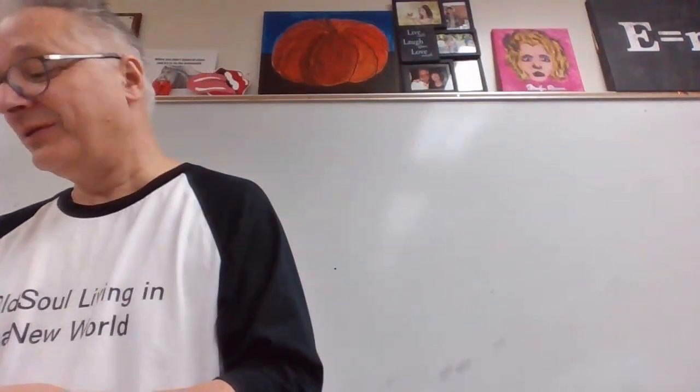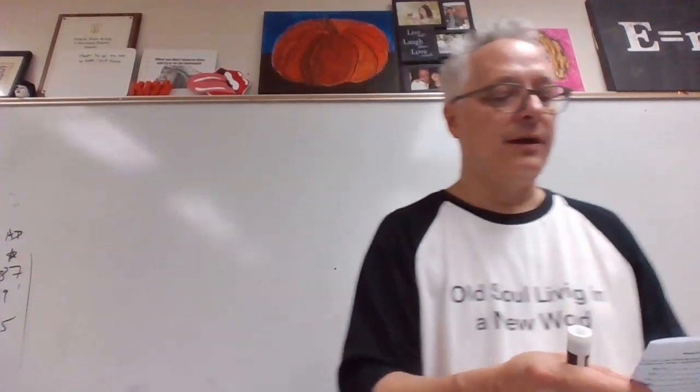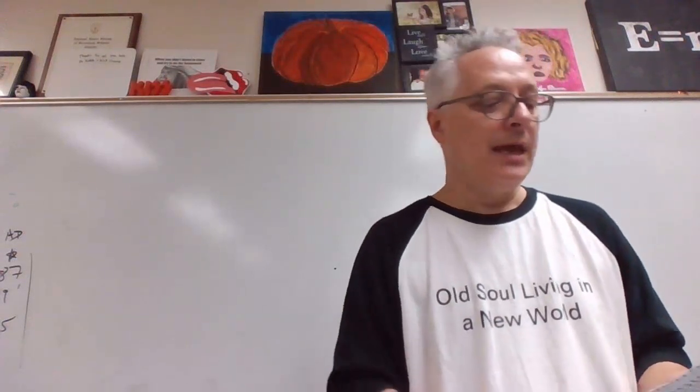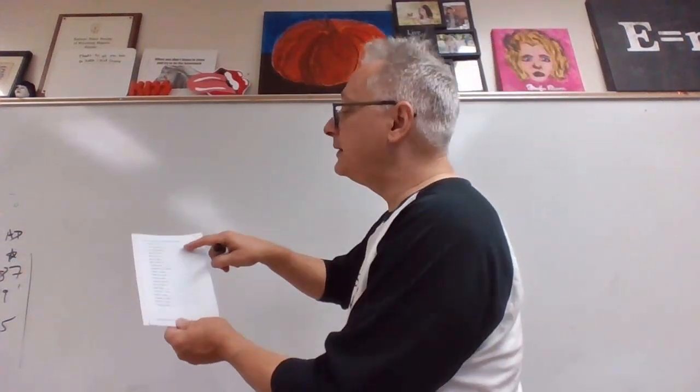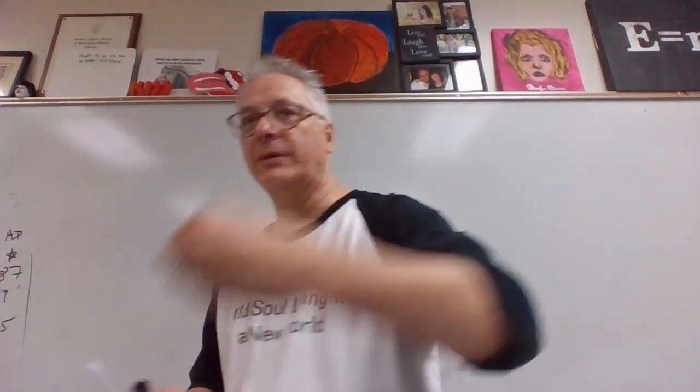We learned how, well, I taught you how to do some naming of ionic compounds with polyatomic ions. I'd like to go through at least some of these to make sure that we're getting them. You need to be able to go from the name to a formula and the formula to a name.